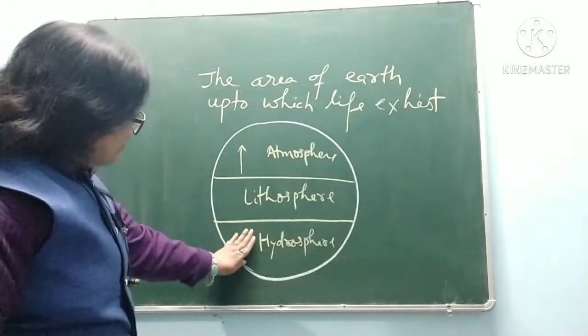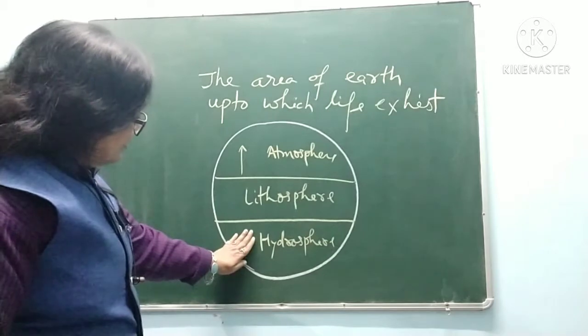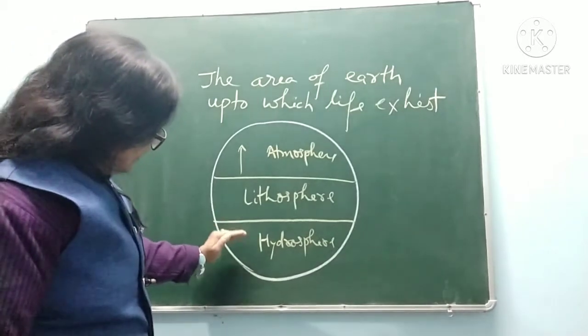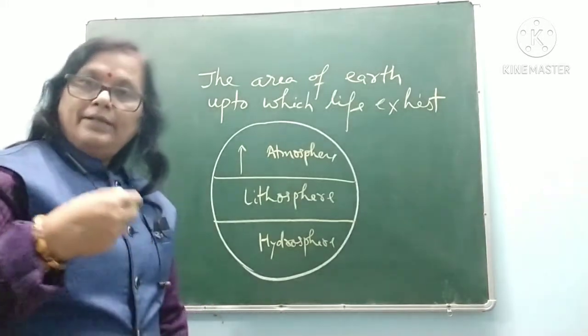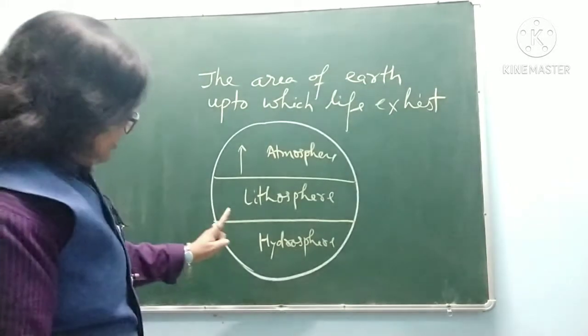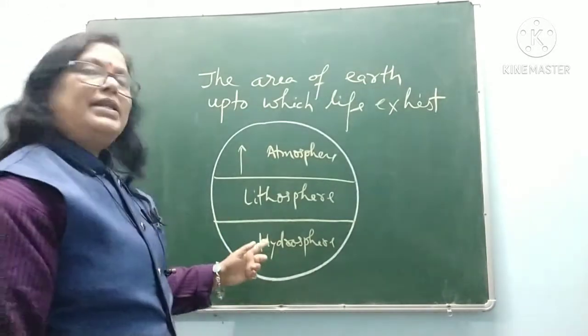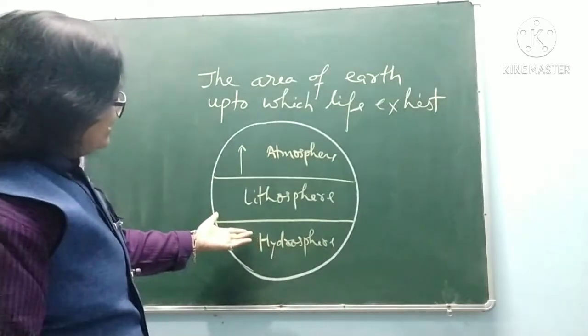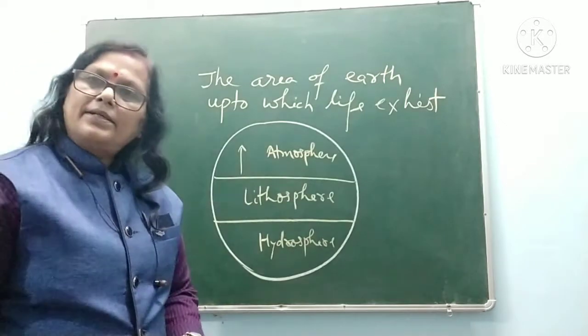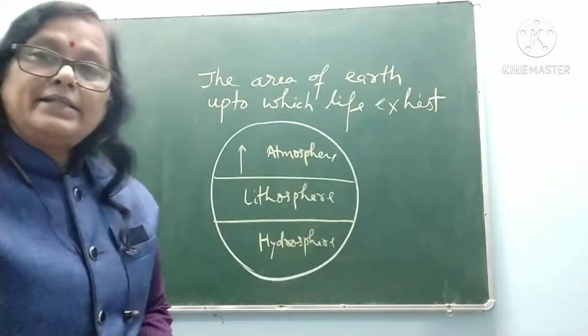And in the hydrosphere also, from the sea level 500 meter in depth, as well as in trenches also life exists, and above sea level up to 6 kilometer life exists.